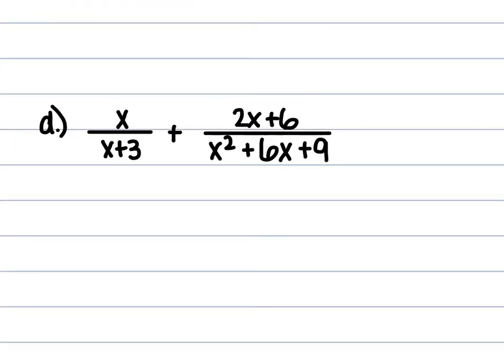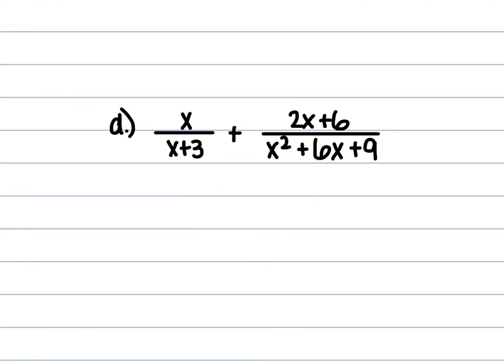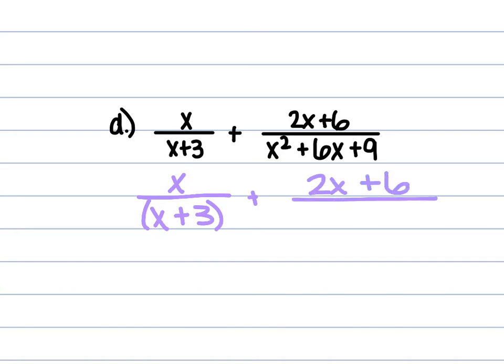For D, we have x over x plus 3 plus 2x plus 6 over x squared plus 6x plus 9. So I'm going to factor that second fraction's denominator, leave the first, put parentheses around it. I'm also going to leave that numerator on the second fraction to stay the 2x plus 6. That x squared plus 6x plus 9 is going to be x plus 3 times x plus 3.